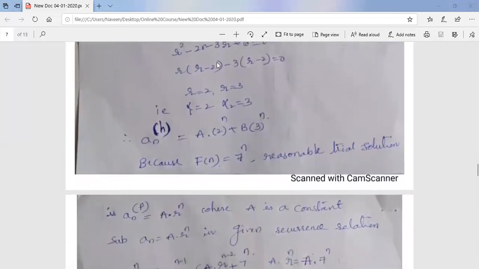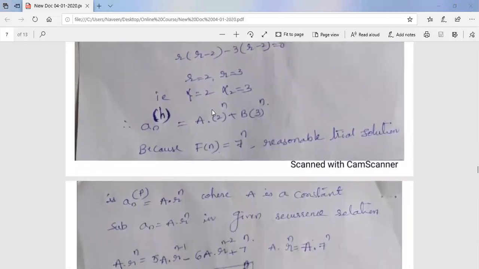To find the particular solution, we must remember the table we discussed at the beginning of the session. f of n is equal to 7 power n. Here the function f of n is 7 power n. So the reasonable trial solution is a_n^(p) is equal to a times r power n, where r is equal to 7.